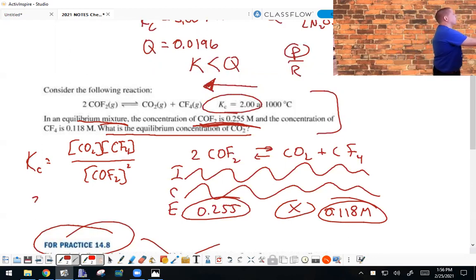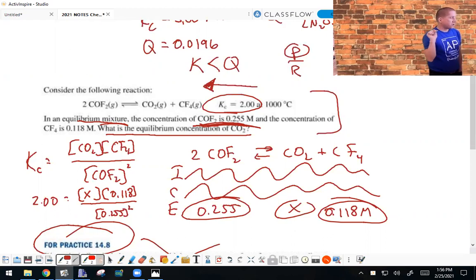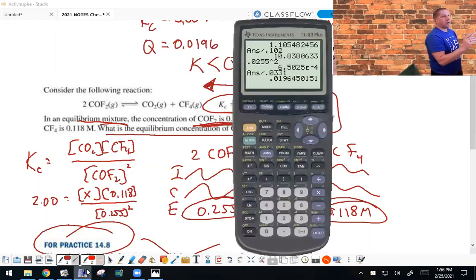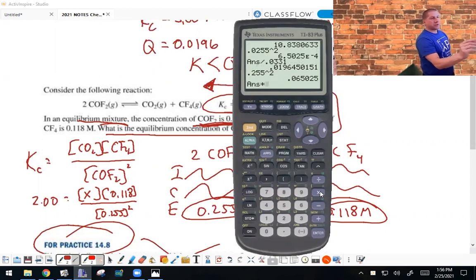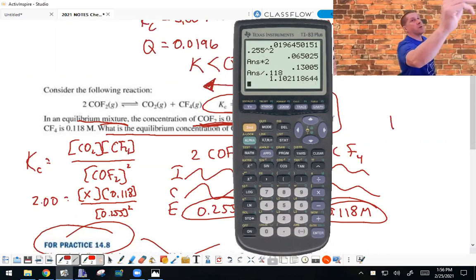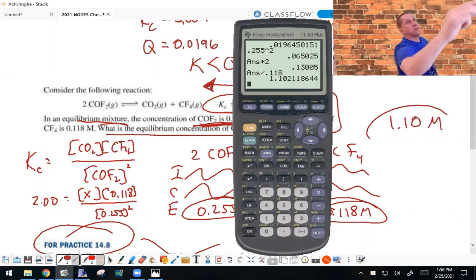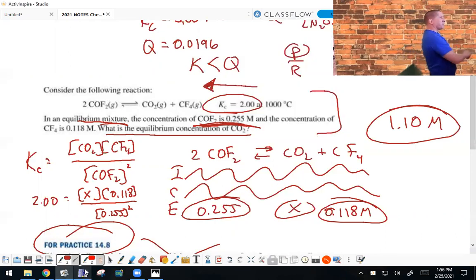It's 2.0, which equals X times 0.118 over 0.255 squared. So 0.255 squared times 2 divided by 0.118, and we get 1.10 molar. So at equilibrium, that thing is 1.10 molar.